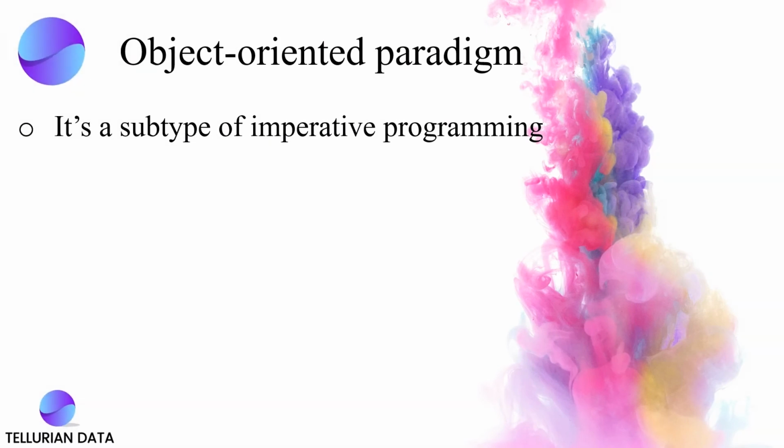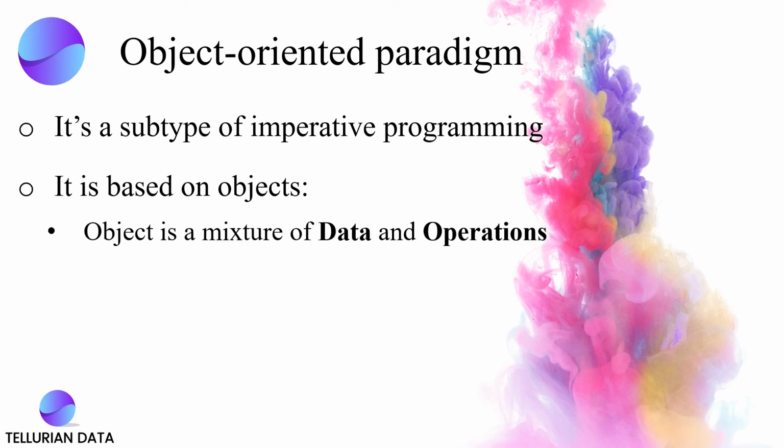Alright, let's talk about object-oriented programming. So just like procedural, the object-oriented paradigm is a subtype of the imperative paradigm. It's based on, that's right, objects. Remember, in procedural programming, data and operations are separated, but here, in object-oriented programming, these two are considered to be one thing, a single entity called an object.